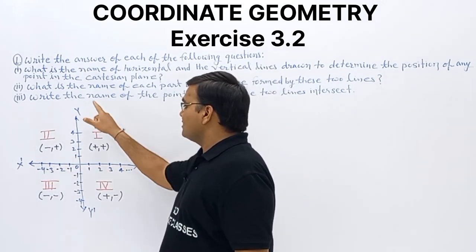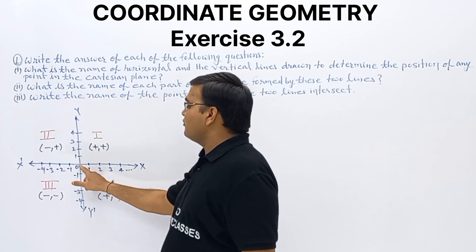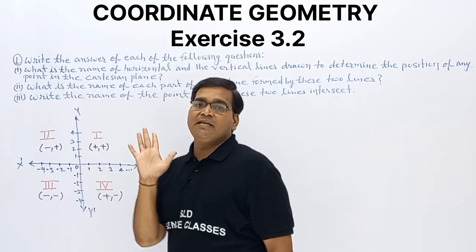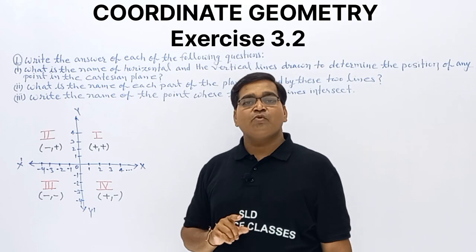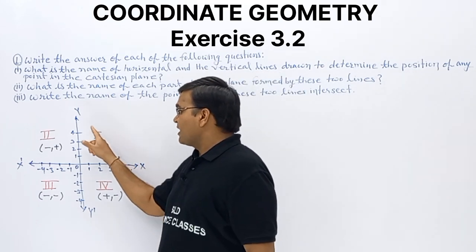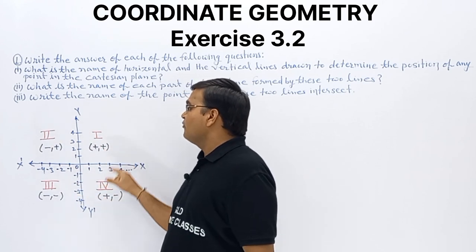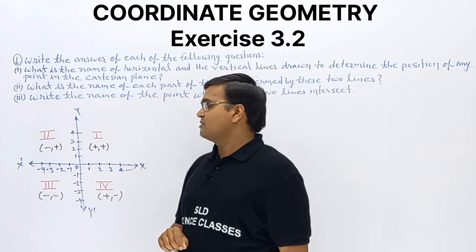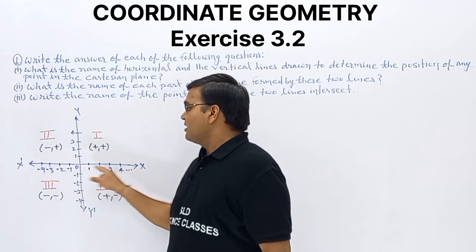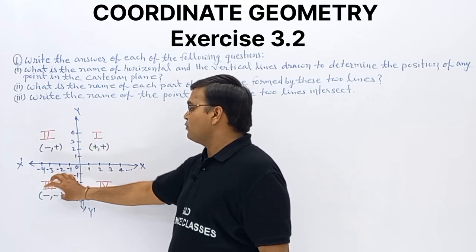We have two lines. This one is horizontal, this one is vertical. The vertical line intersects at 0 perpendicularly. Perpendicular means at 90 degrees. Then we get 4 parts. Both lines give us 4 parts: first, second, third, and fourth.